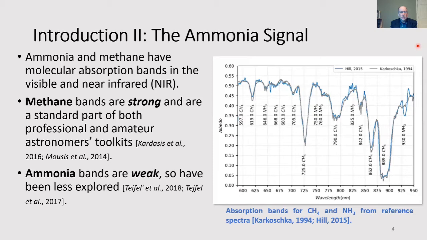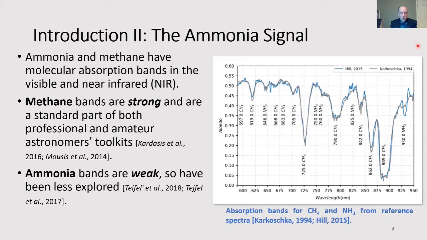So what are we looking for in the ammonia signal? Both ammonia and methane have molecular absorption bands in the visible and near infrared. The methane bands are strong, and they're a standard part of both professional and amateur astronomers' toolkits for many years now. But amateurs have been taking pictures in the methane band at 889 nanometers for quite a number of years now.